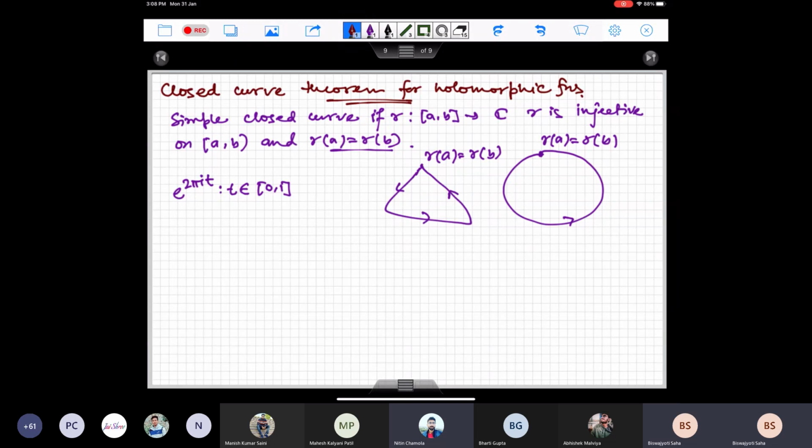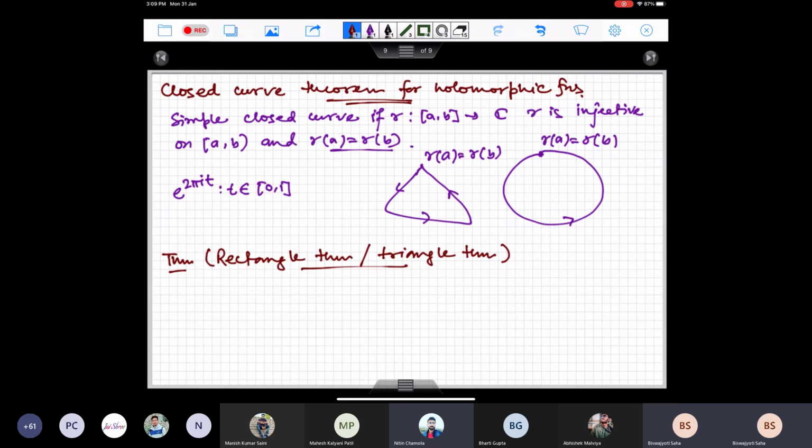This is a very important theorem which is called the rectangle theorem, or depending on which book you are looking at, it is also called the triangle theorem. Depending on what your object is, you will call it the rectangle theorem or the triangle theorem. The proof is absolutely the same, there is no difference.